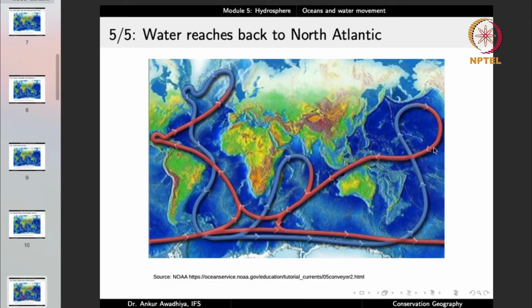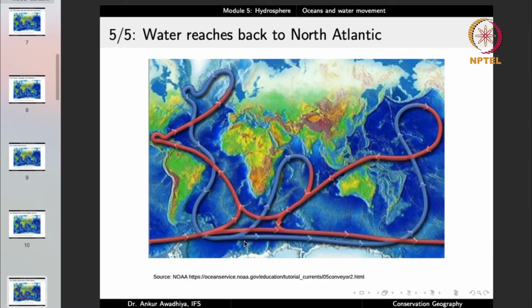This water then moves in these routes to reach back into the North Atlantic. You have a surface movement like this, and all of this moves back into the North Atlantic, and so this current continues. So this is the global conveyor belt, or the thermohaline circulation.